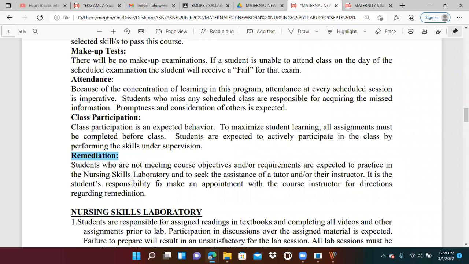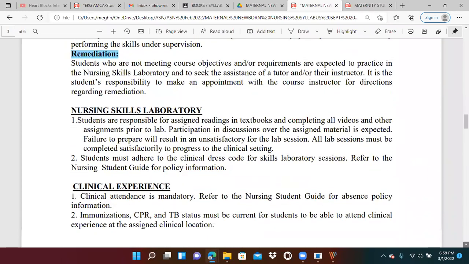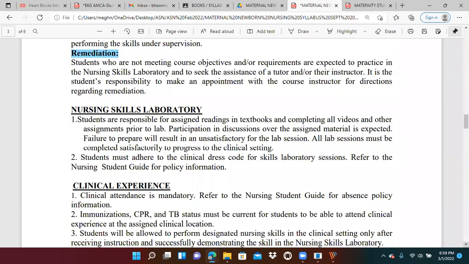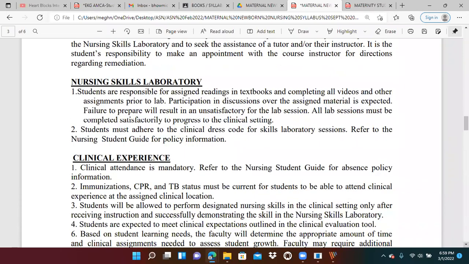It is the student's responsibility to make an appointment with the course instructor for directions regarding the remediation.